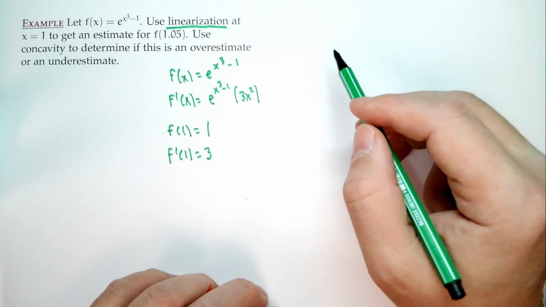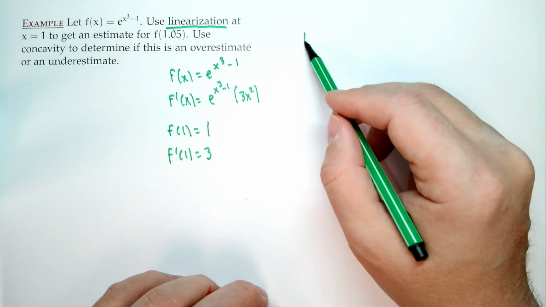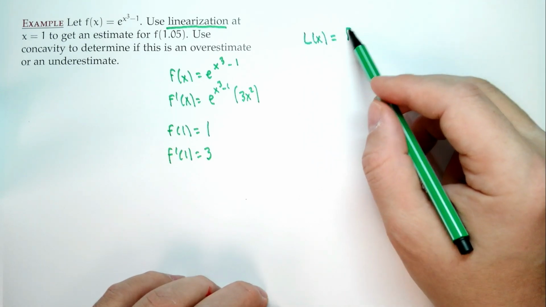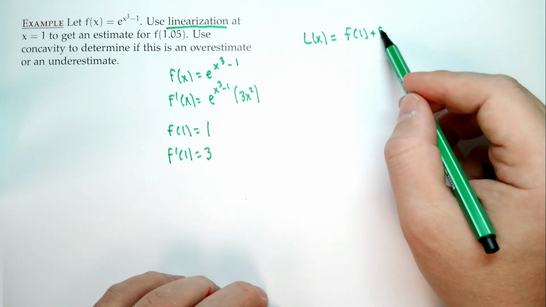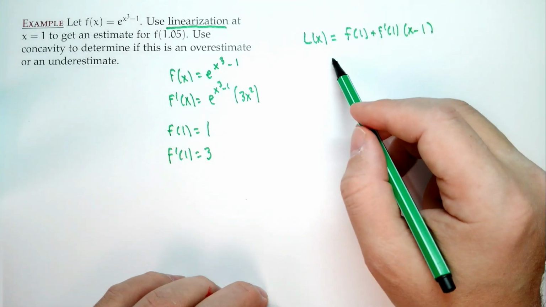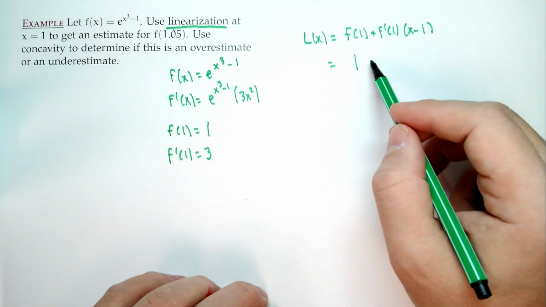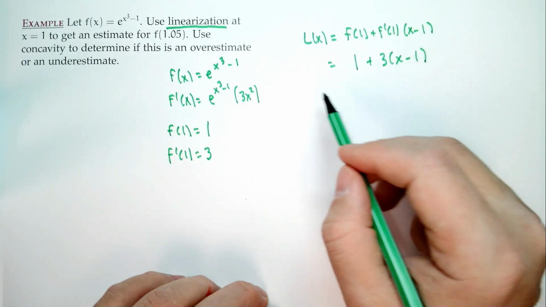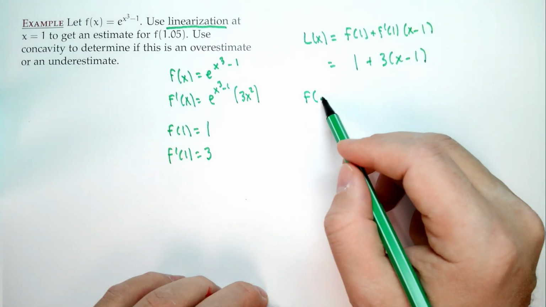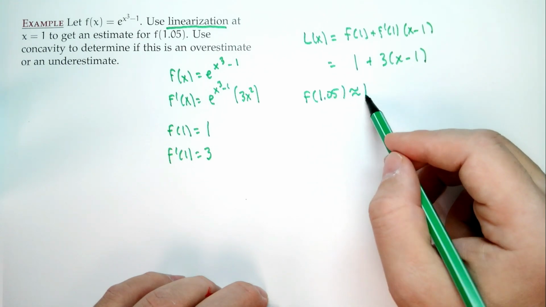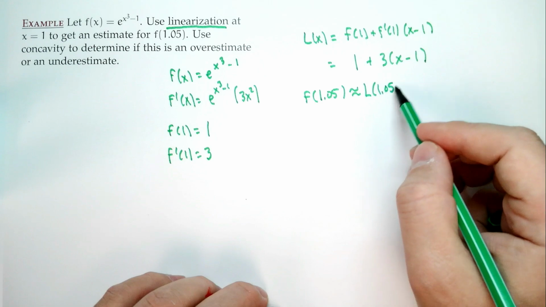So we have that our linearization is equal to f of 1 plus f prime of 1 times x minus 1. So that's equal to 1 plus 3 times x minus 1. And so our function at 1.05 is approximately what the linearization is at 1.05.